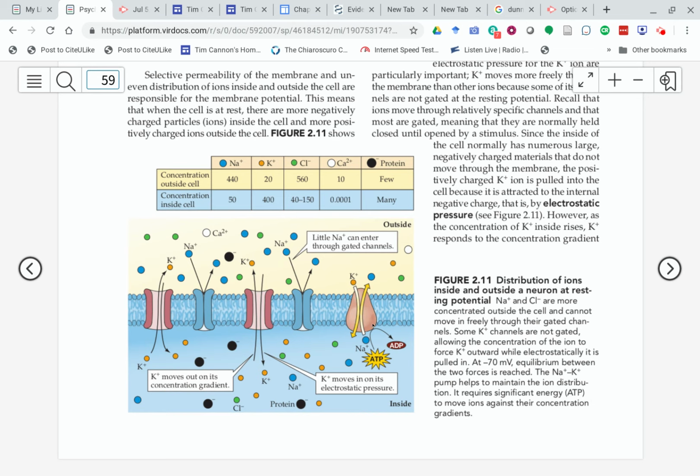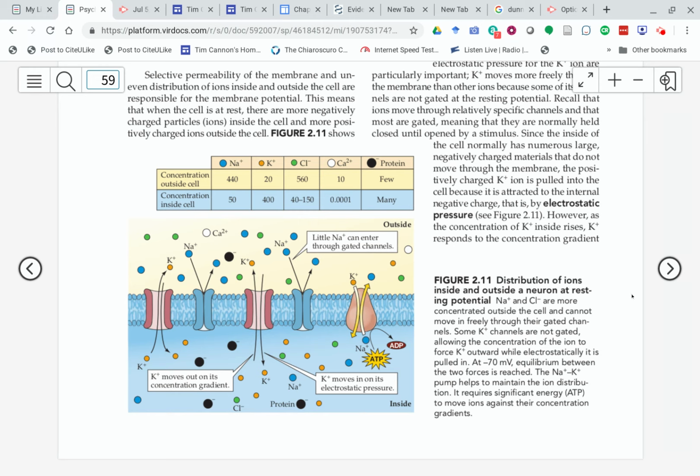You're going to have to read the text to go with this one. But this is your sodium-potassium pump, and it's trying to keep things unbalanced. It is pumping sodium where there's too much of it out, and it's pumping potassium where, in a sense, there's too much of it in. It is very expensive metabolically, and we're not doing it for nothing.